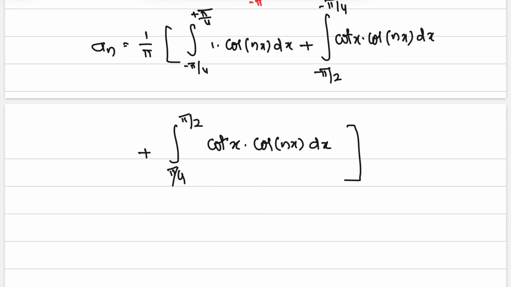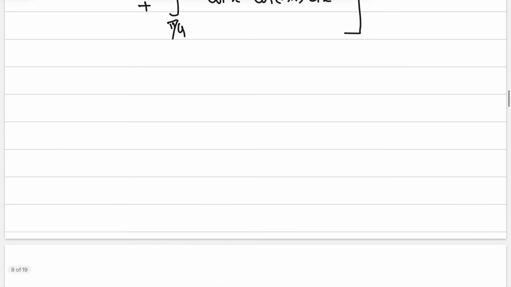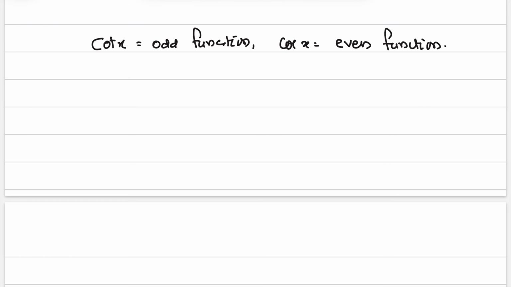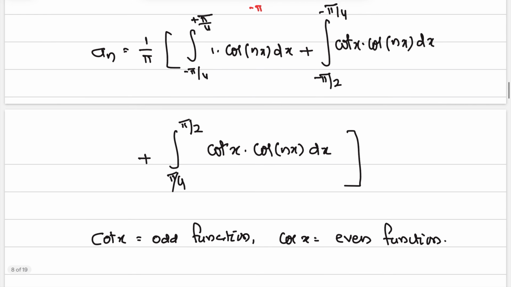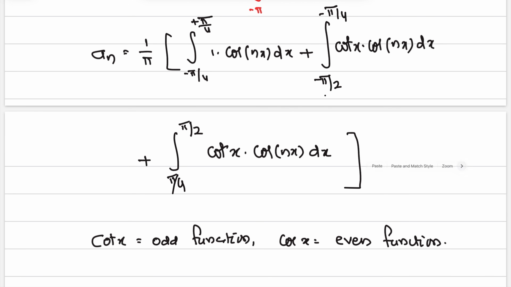Cot x is an odd function, cos x is an even function, and when an odd function and an even function are multiplied, then automatically, for the same type of negative limits and positive limits, they get cancelled.